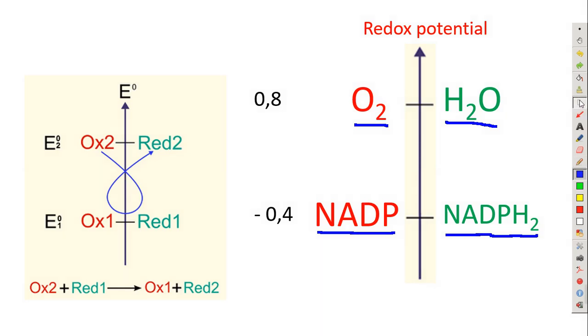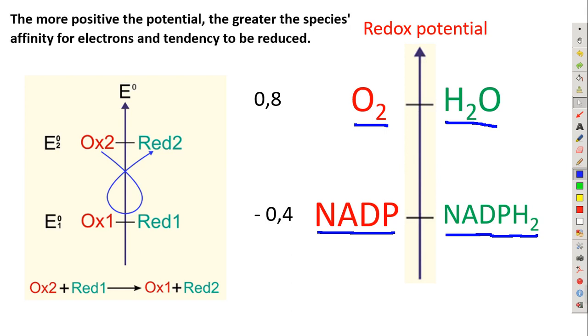So as these couples have a certain redox potential, when we place them on this redox potential axis, we know that the reaction can only occur in a certain way, and we're going to use what physicists do, this arrow. So just a recap: the more positive the potential, the greater the species' affinity for electrons.